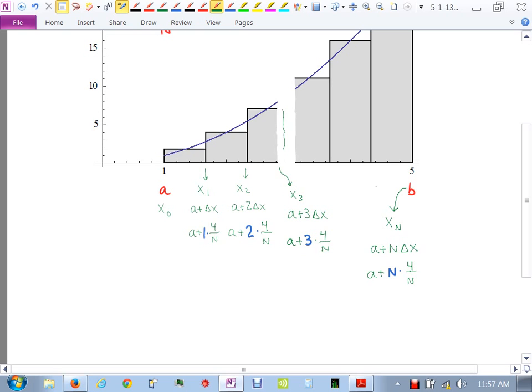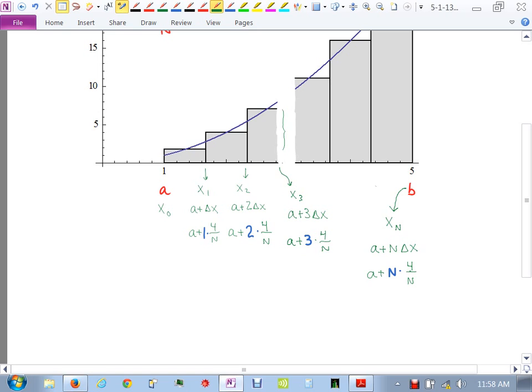And what's A? 1. And what's 1 plus 4? 5. So it should be 5, right? But I'm still going to leave it as A plus n times 4 over n. Yeah? Okay. Why is it x1?